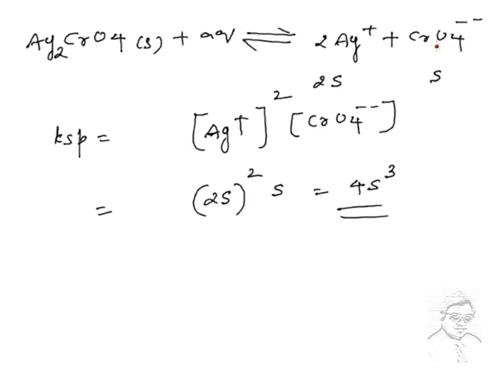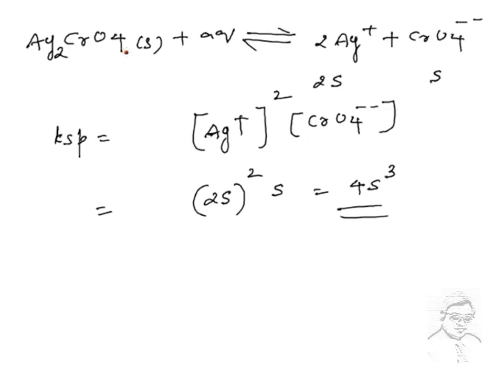But if you somehow get Ag plus and CrO4 minus in huge concentration, such that this number becomes more than Ksp of this, in that case precipitation will take place and you will get solid particles of Ag2CrO4.